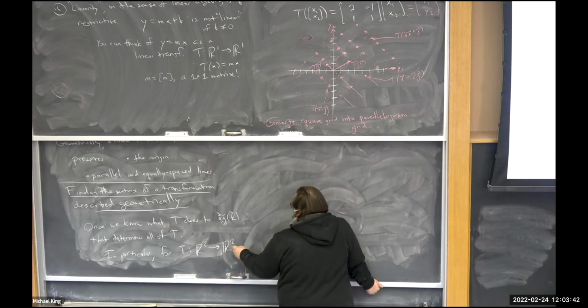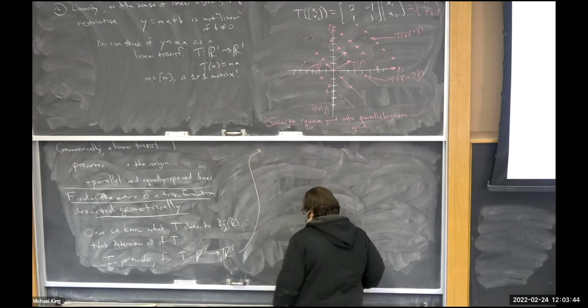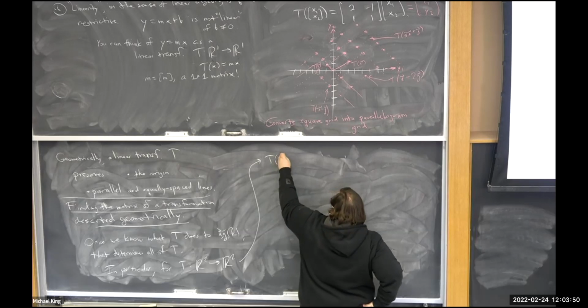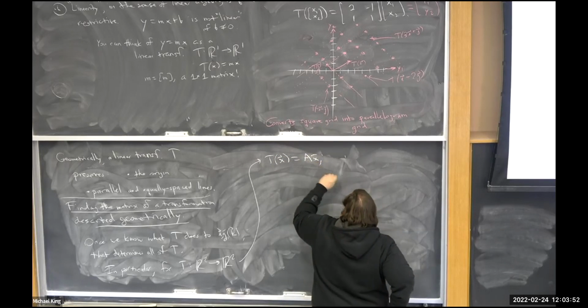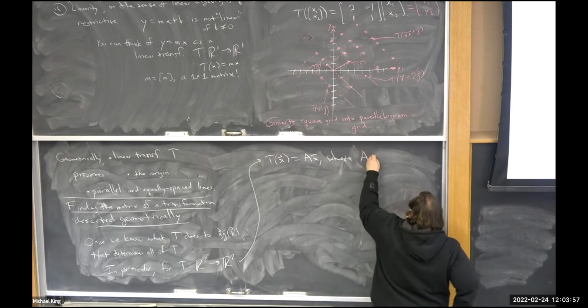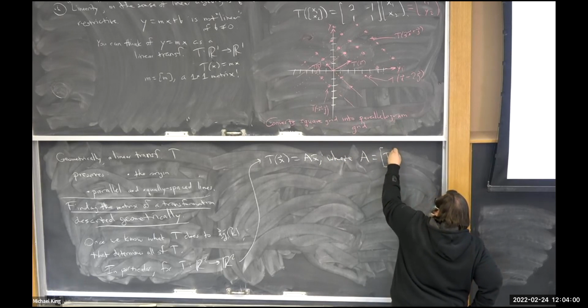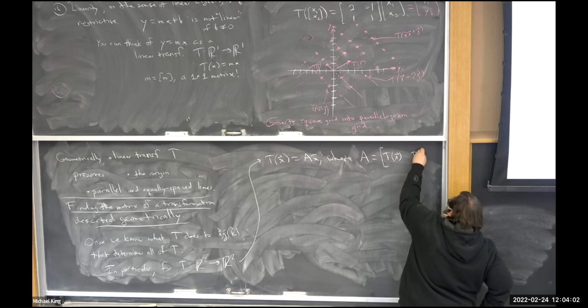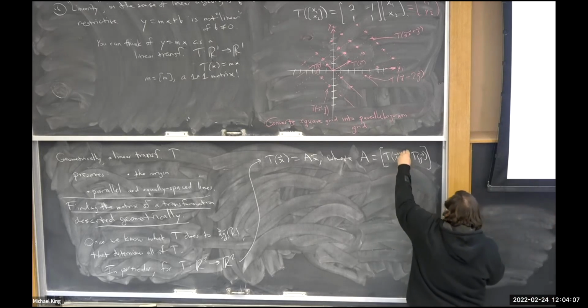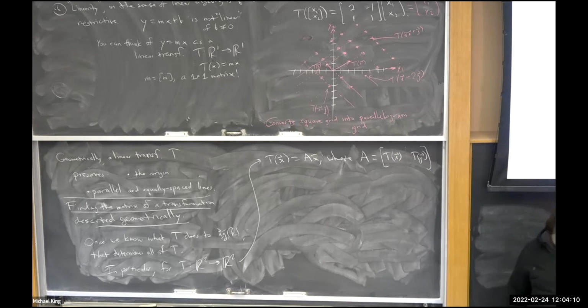Well, T of x is Ax, where A is actually just given by the first column being T of i and the second column being T of j. Right? So all you have to do is know what happens to i and j, and that gives you the whole matrix and lets you determine the whole transformation.